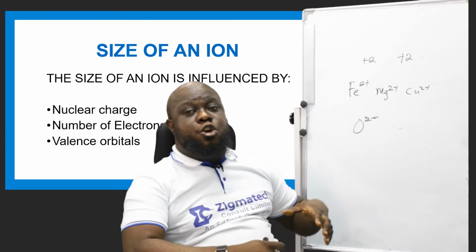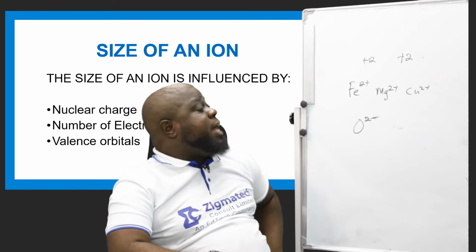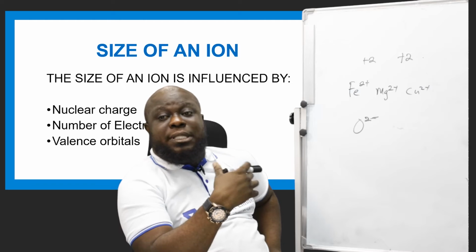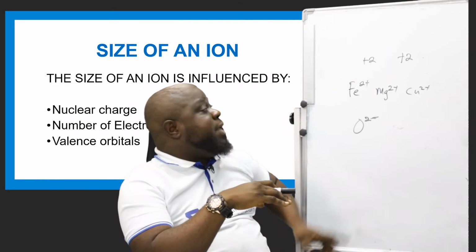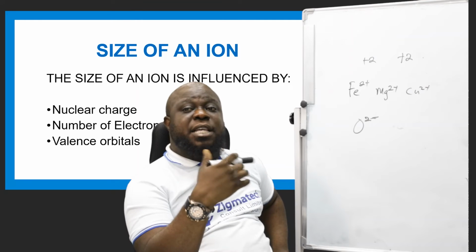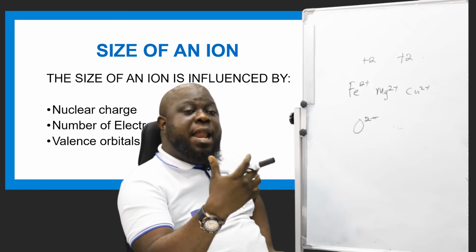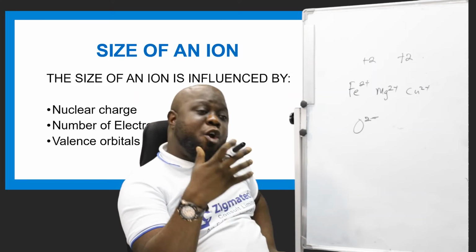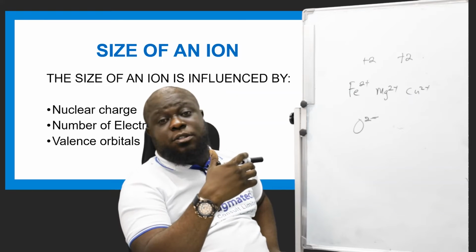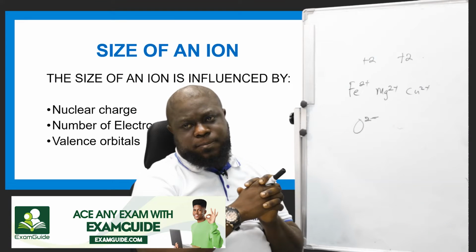Now, the number of electrons in this ion is 2. It is the number of electrons that will tell us the size of the ion. The size of an ion is not specific. It depends on the number of electrons contained in the element you're talking about.